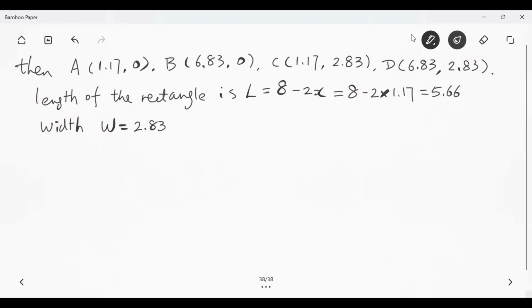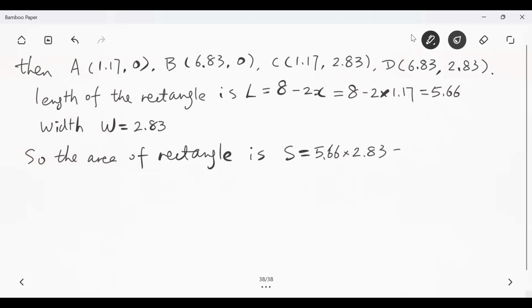Right, the area of the rectangle is length times width: 5.66 times 2.83. So this is almost 16.01. It's almost 16.